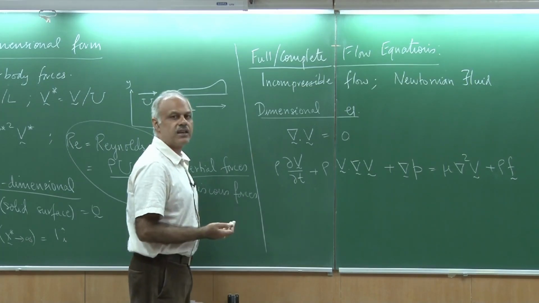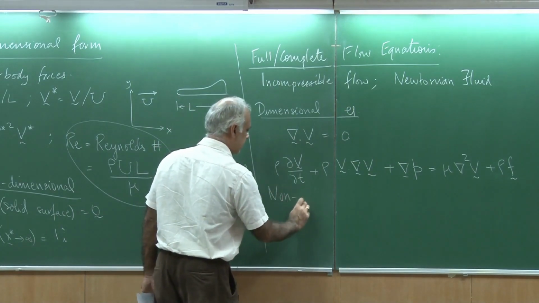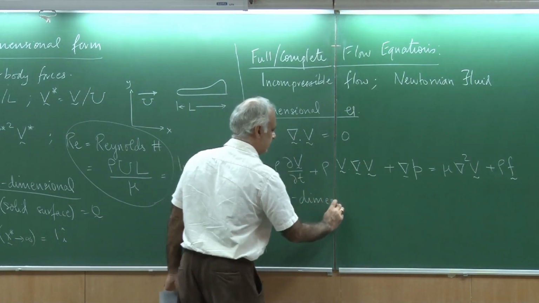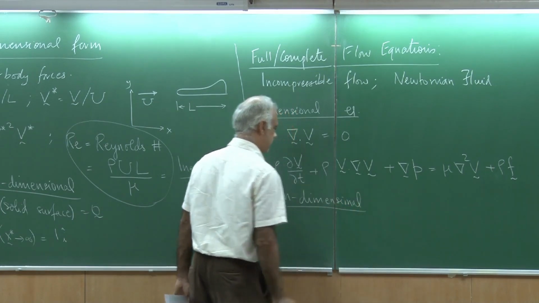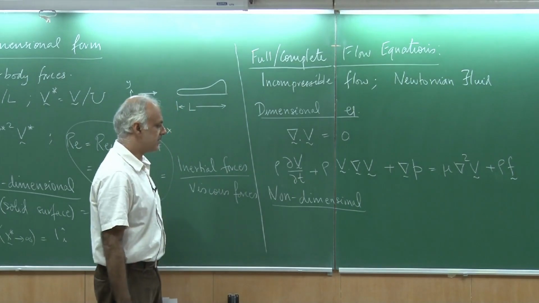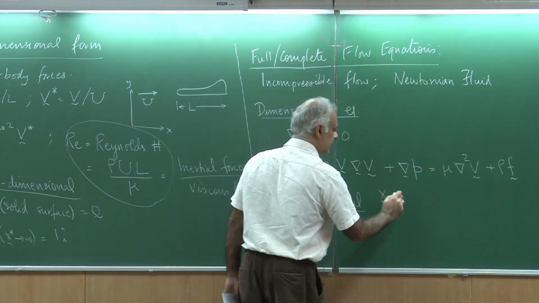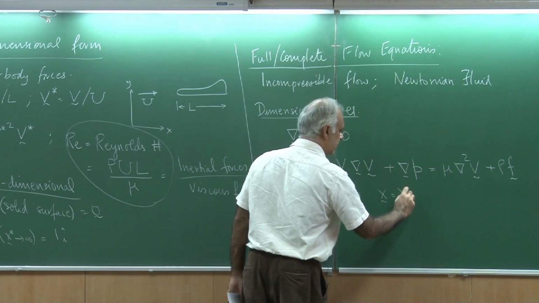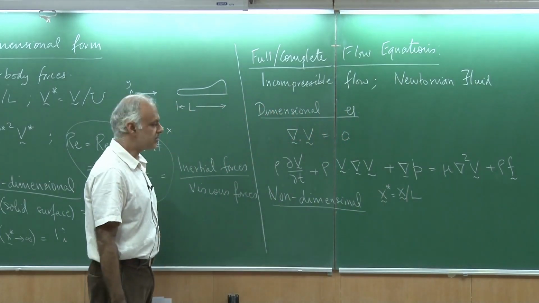Now I would like to use a non-dimensionalization, the non-dimensional form of these equations. So I would like to propose that x be the same as before, which is x star is x divided by L. So we are going to use the same length scale.